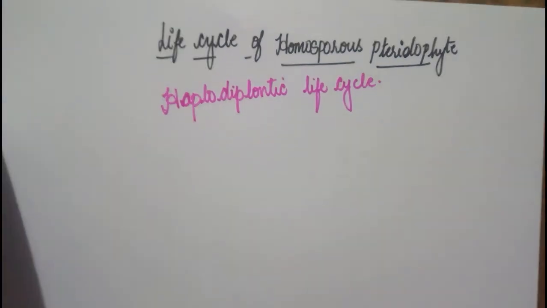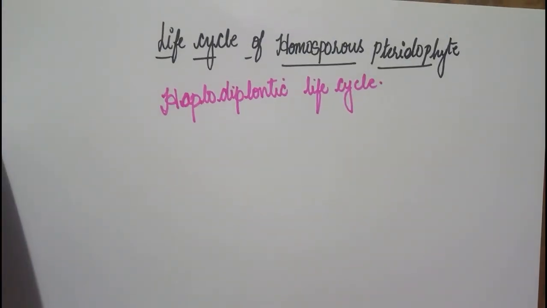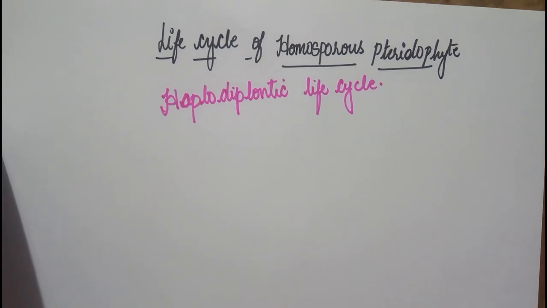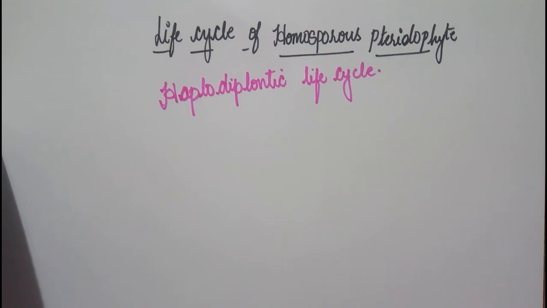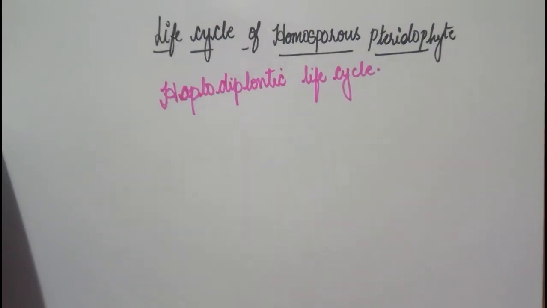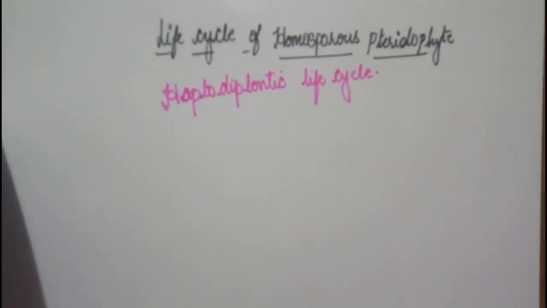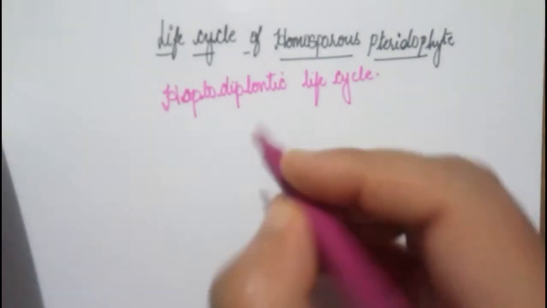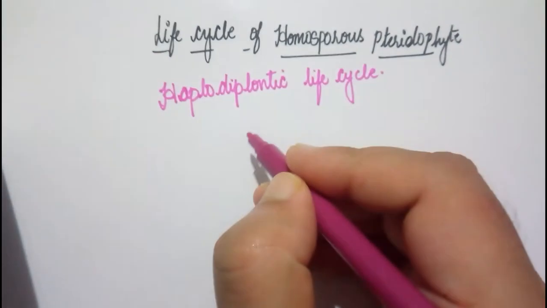Now what is the meaning of haplodiplontic life cycle? It means that in the life cycle of the organism, both the haploid stage as well as the diploid stage are almost equal in number. So we call the life cycle haplodiplontic.